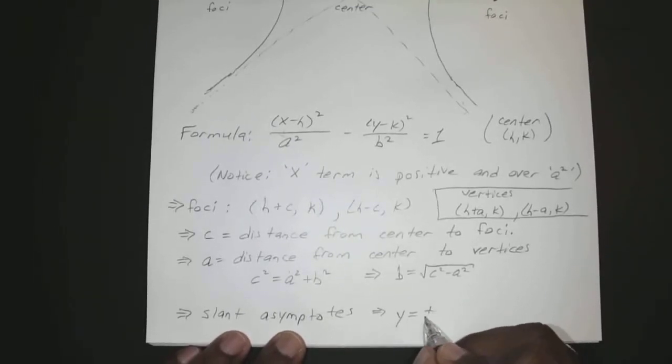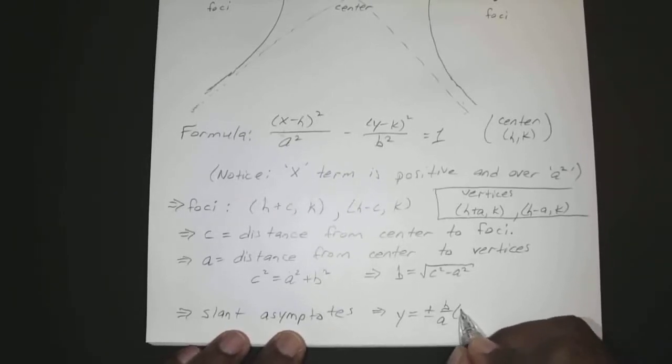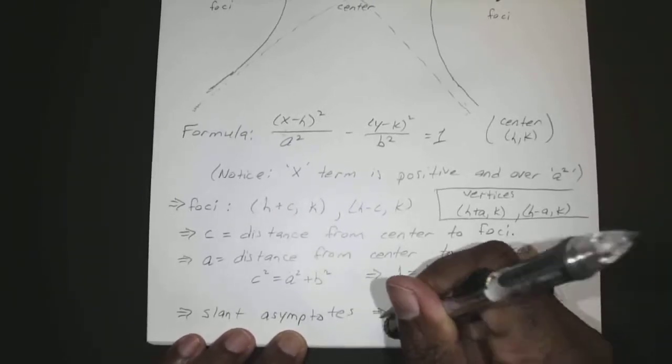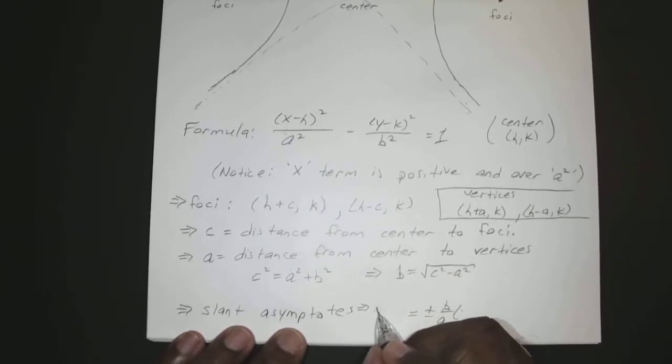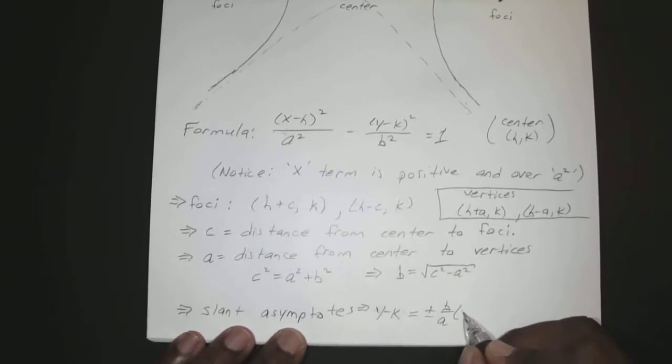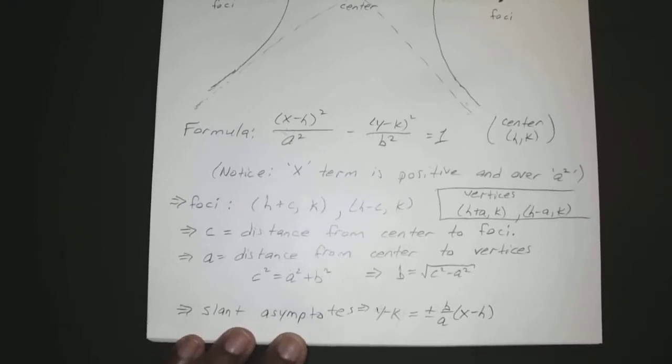That's y minus k equals plus or minus b divided by a, times x minus h. Sorry about that. Okay. So those are the formulas you'd need for your horizontal hyperbola.